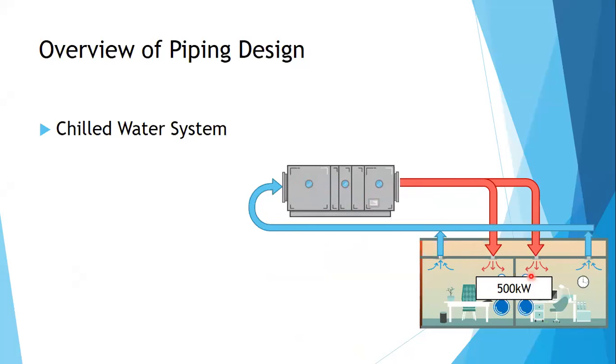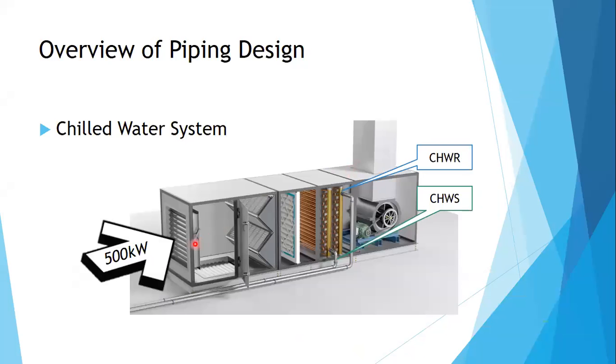So this 500 kilowatt is actually being transferred to the air handling unit. Assuming this is the 500 kilowatt of incoming heat load from the room, inside the air handling unit you have a heat exchanger. This heat exchanger transfers the 500 kilowatt of heat load from the room to the air and then to the piping system.